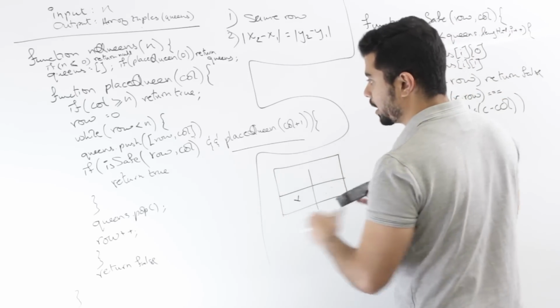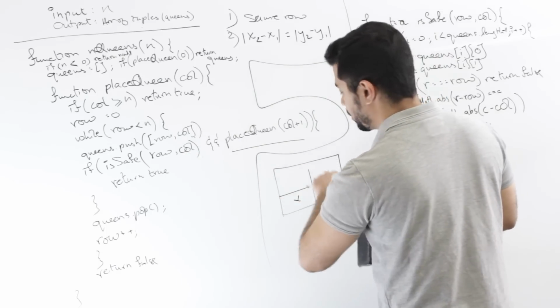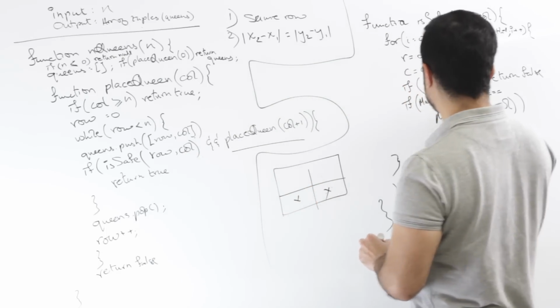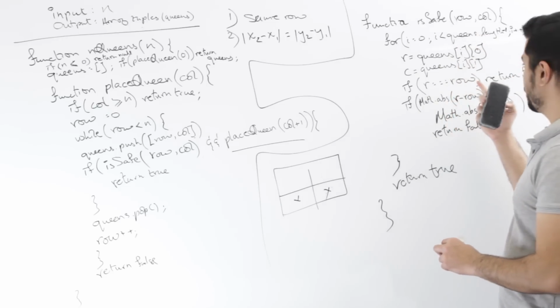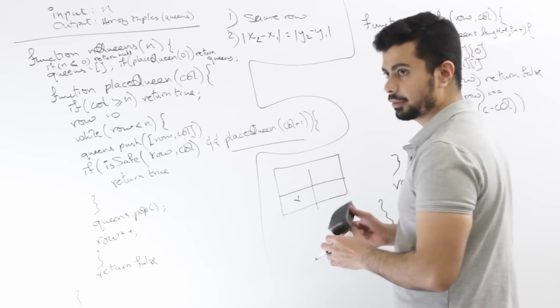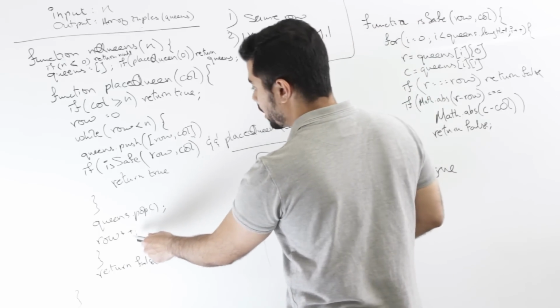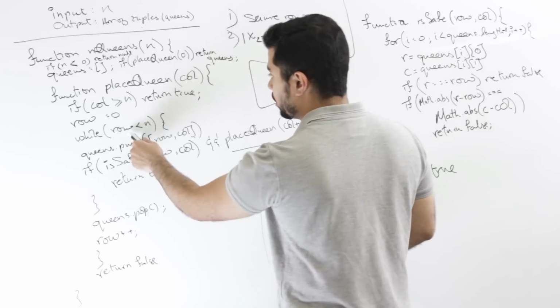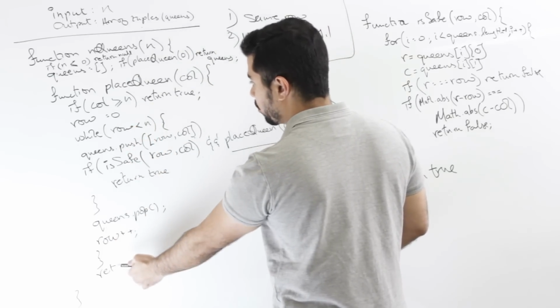So it will pop it, and then increment the row, and it'll go over there. This is not safe because the row is the same. So this will get popped. It'll increment the row. Now we are at column 1, so this while loop ends, and it returns false.